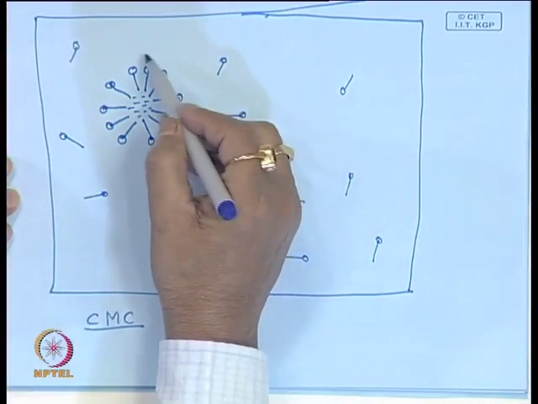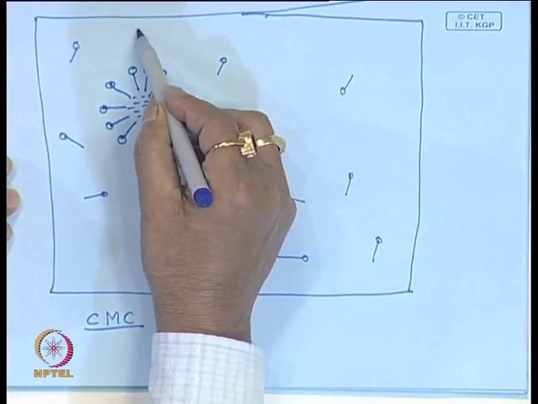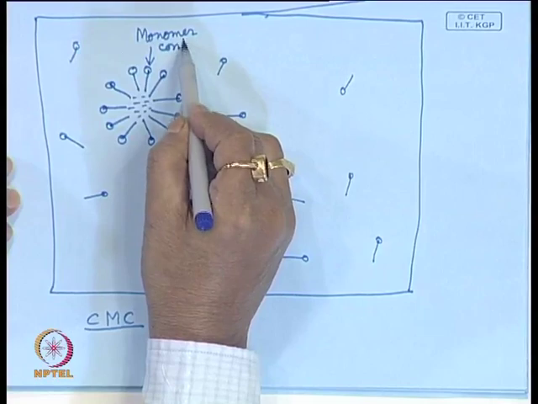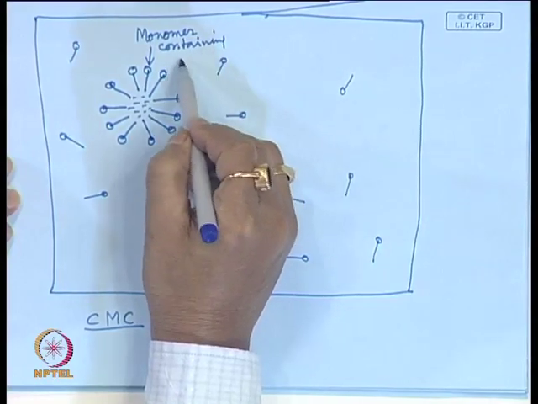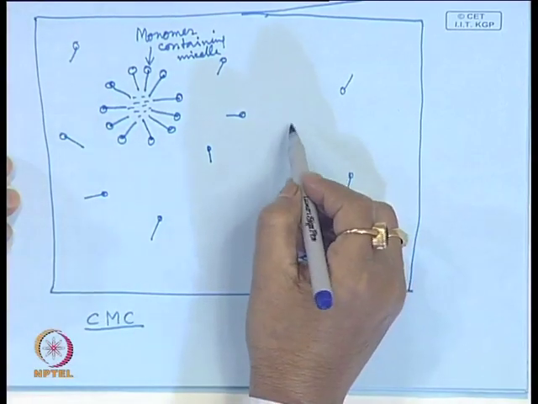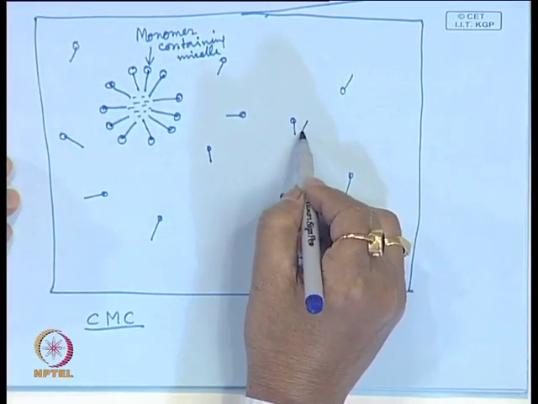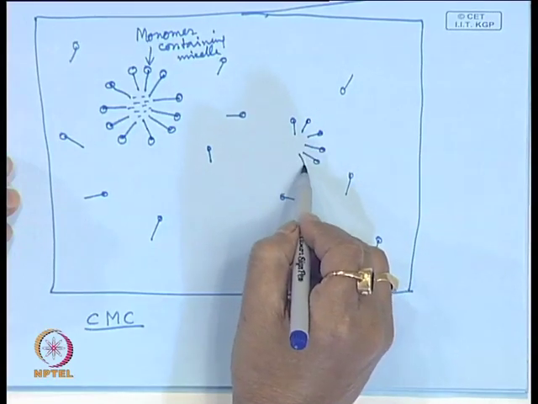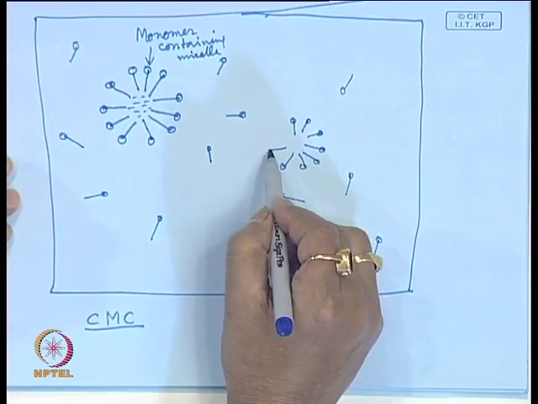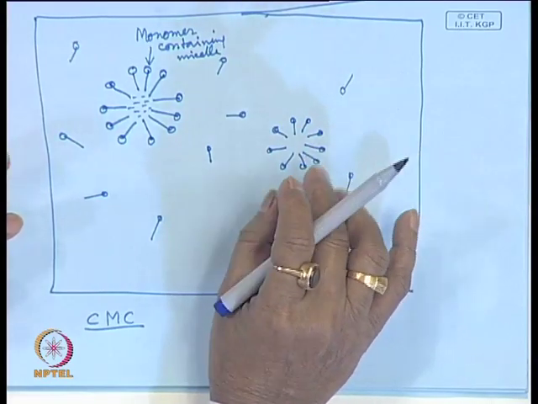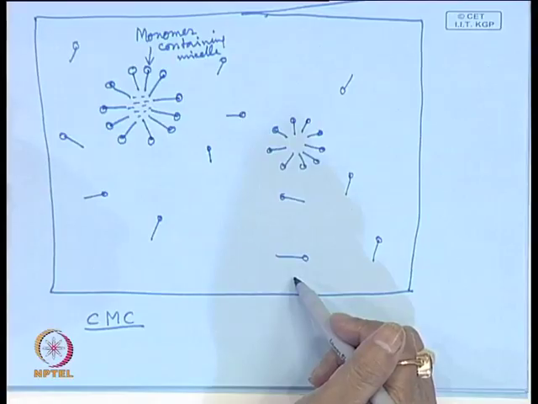So, this is a monomer containing micelle. Now, there can be some micelles which may not contain any monomer, simple soap micelles, if the concentration of the soap molecules is beyond this CMC.